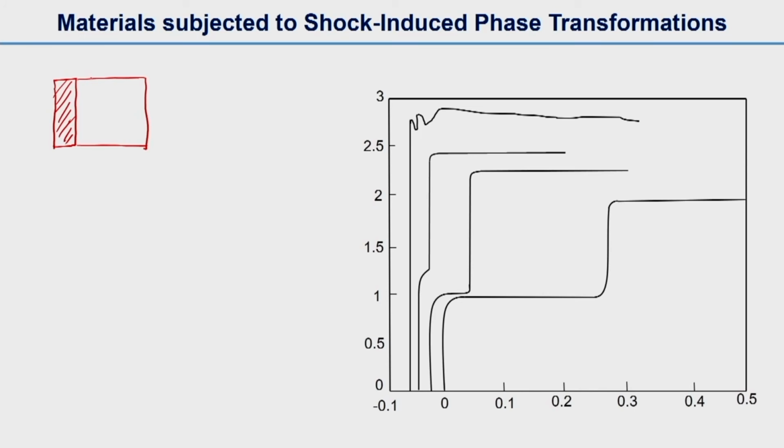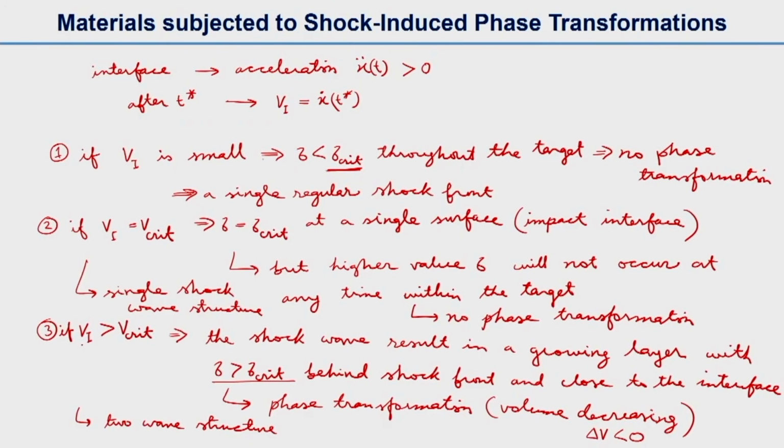First, the entire target has an austenitic structure, we call it austenite. Then, in the third case, Vi has a slightly higher value than V critical, and then sigma is higher than sigma critical.